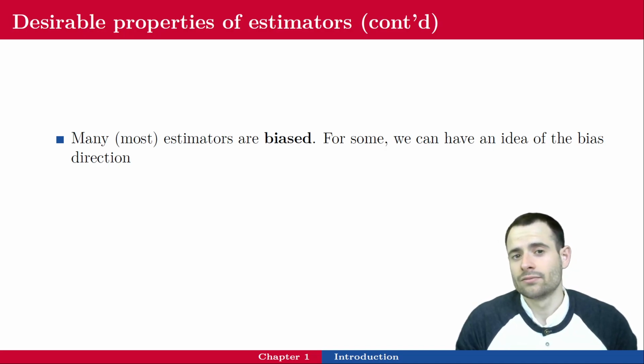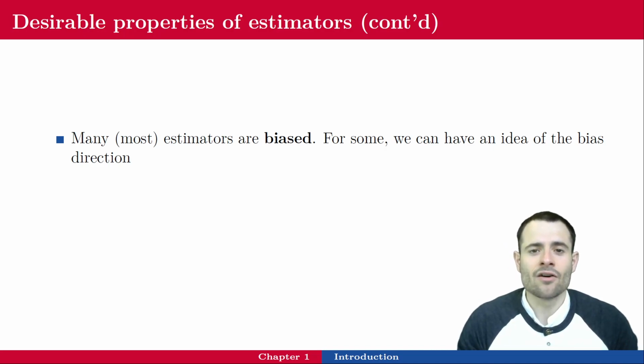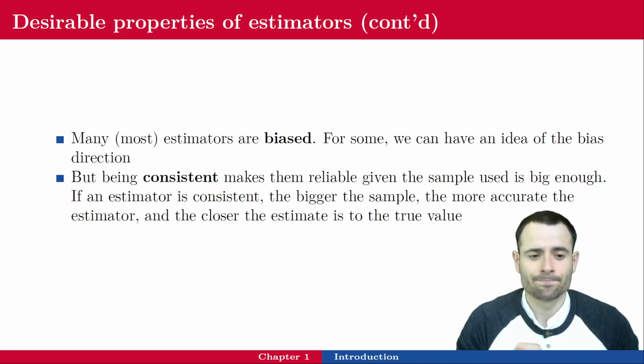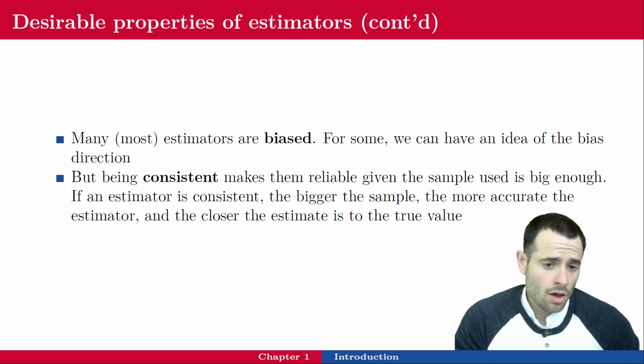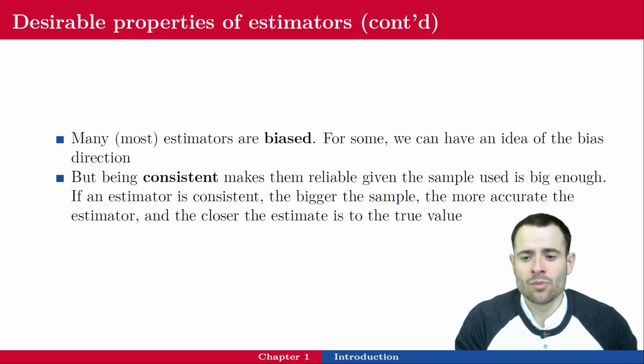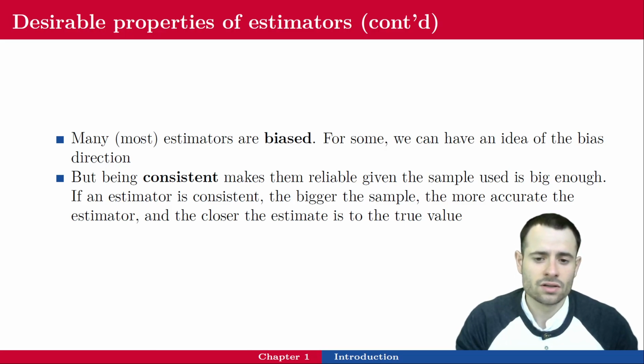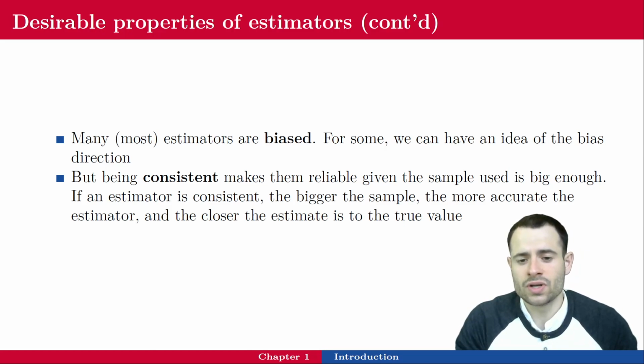That's not bad. At least it can tell us the direction of the bias. But consistency makes them reliable given the sample used is big enough. If an estimator is consistent, the bigger the sample, the more accurate the estimator and the closer the estimate is to the true value.